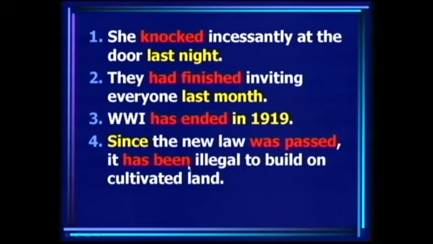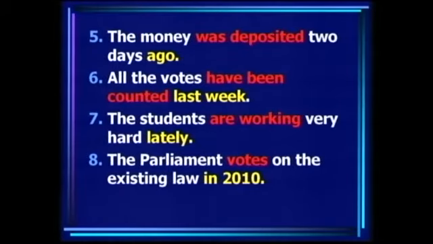It has been illegal to build on cultivated land has been present perfect، لأن من أول اللي حصل ده في الماضي لغاية دلوقتي، يعني this is past time continuing until present time، يبقى استعمل ايه؟ Present perfect. It has been illegal، أصبح من غير القانوني البناء على الأرض المزروعة. The money was deposited 2 days ago. Ago يبقى past simple tense, was deposited.